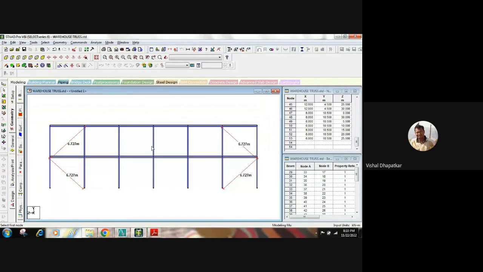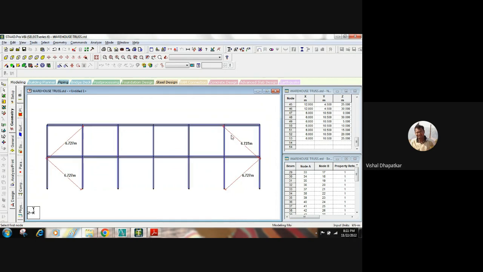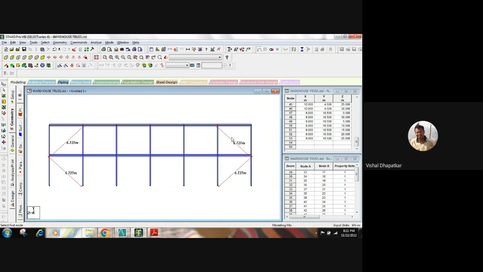So always keep in mind, never add bracing at the end of the structure. Let the structure expand in any direction so that temperature stresses will be less and the structure will be economical. If you don't allow the structure to expand or contract, there will be huge internal stresses due to temperature, and that will cause a higher section size.